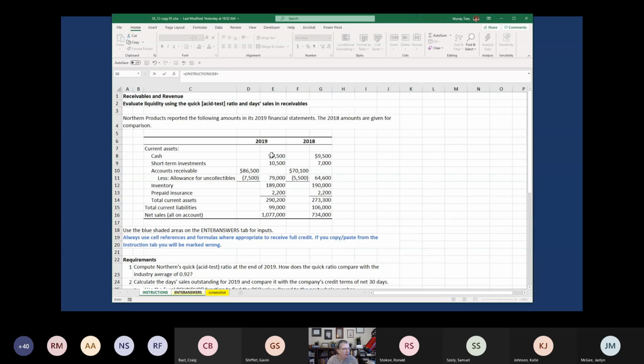I'm going to add my short-term investments, and I'm going to add my net accounts receivable. So I've added those 3, and then I'm going to put the right parenthesis. So I'm adding my 3: cash, short-term investments and accounts receivable net. Adding those together, and then I'm going to divide that by my current liabilities, which are right there.